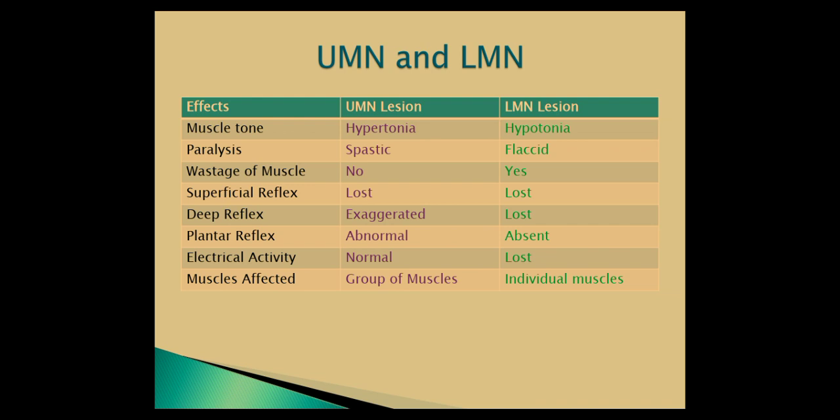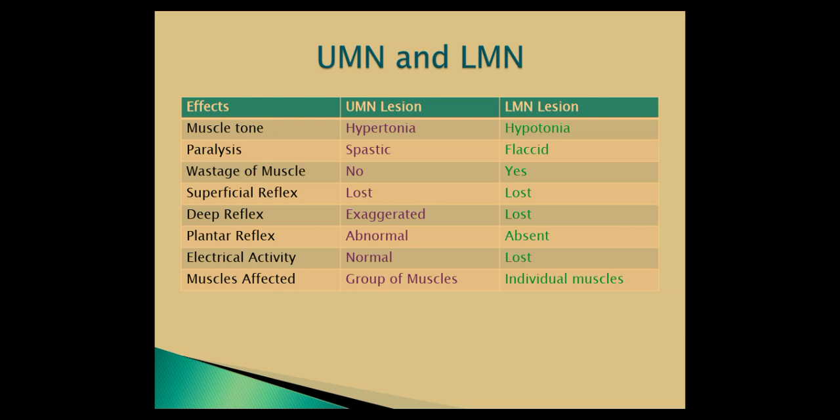And what type of paralysis is seen? In the upper motor neuron lesion, the paralysis is spastic, and in the lower motor neuron lesion, the paralysis is categorized as flaccid.